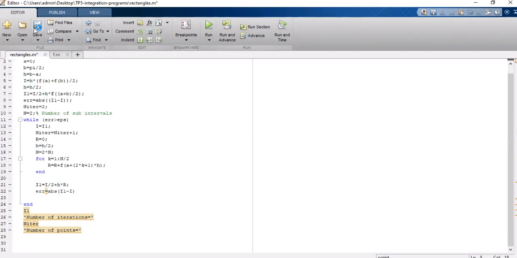Okay, so now we will save and run this program, and we will compare the number of iterations and see what we get. Wait, there's some mistake here.